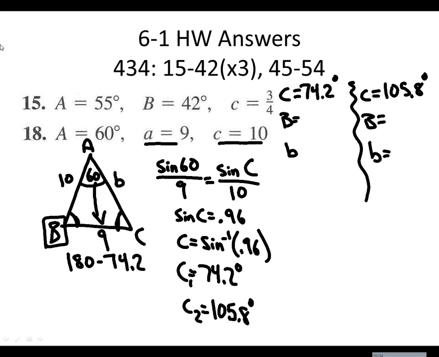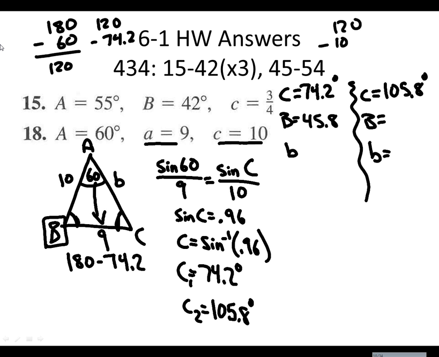So for the first one, we'd go 180 minus 60 and get 120. And then 120 minus 74.2, and we'd end up with 45.8. We could do the same thing, 120 minus 105.8. And we end up with, for our second triangle, 14.2.